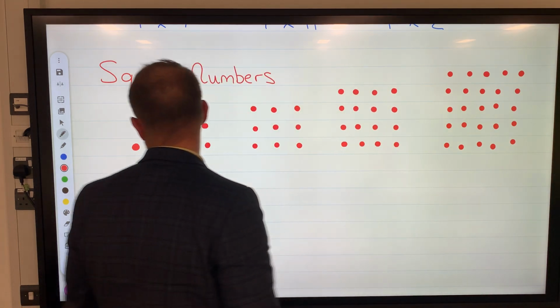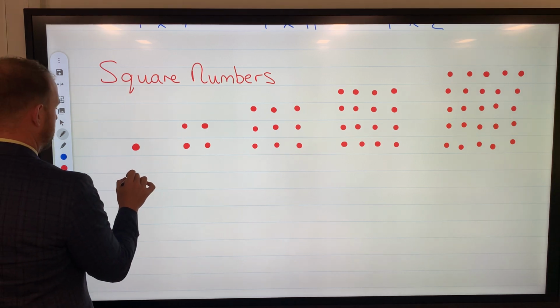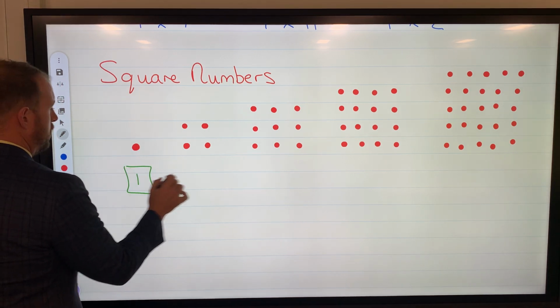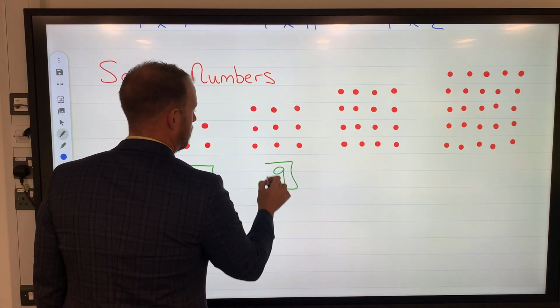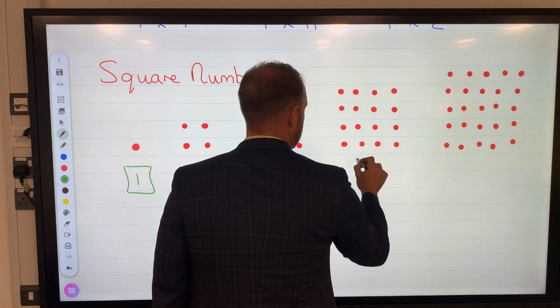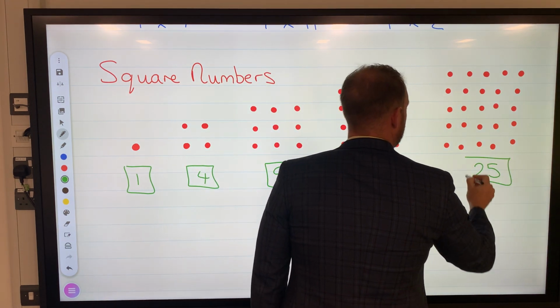Five across, 5 up. I've now got a square number of 25. So each of these is a square number.